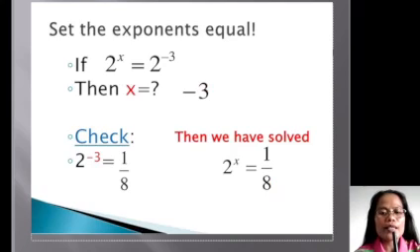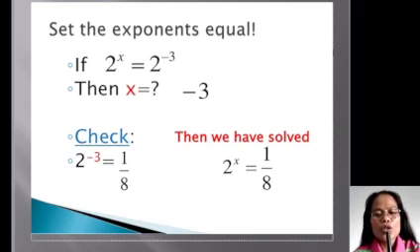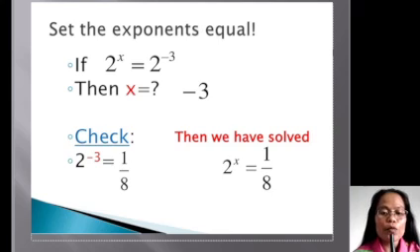If 2 to the power of x is equal to 2 to the power of -3, then x is what? That is -3. Now we have to check if they're equal. 2 to the power of negative 3 is equal to 1/8. 2 to the power of negative 3 is the same as 1/8. Then we have solved 2 to the power of x is equal to 1/8.